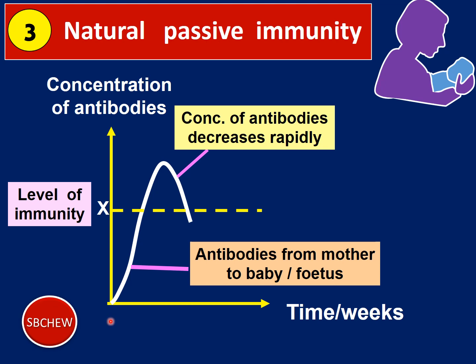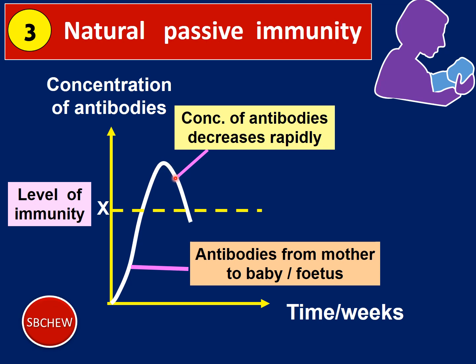As the breast milk is provided, in it there will be the antibodies too. So the concentration of antibodies will increase very fast because these are ready-made antibodies from the mother supplied through the breast milk. As the concentration of antibodies exceeds the level of immunity, the baby will become immune to the particular disease.